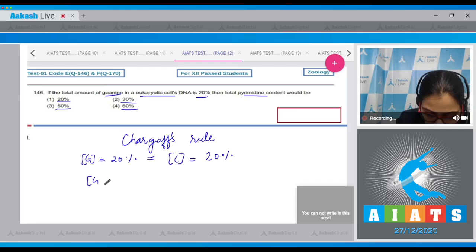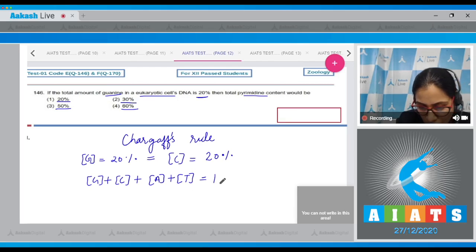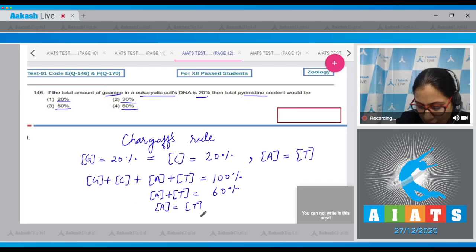And as G plus C plus A plus T equals 100%, and A is equal to T, therefore A plus T would be equivalent to 60%. So A equals T equals 30%.